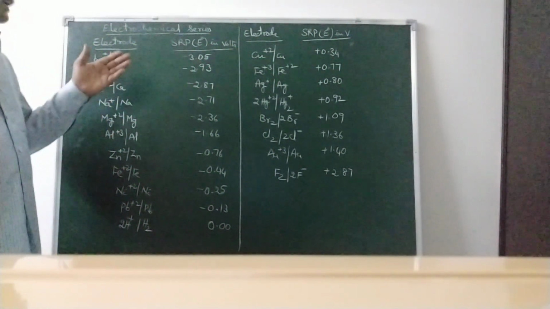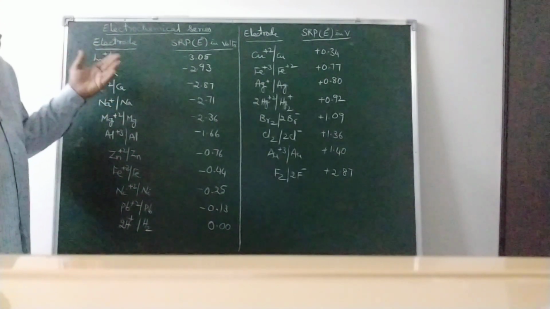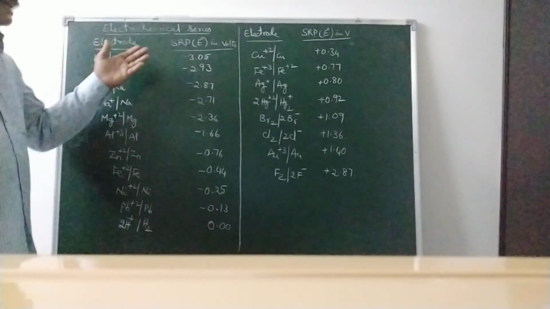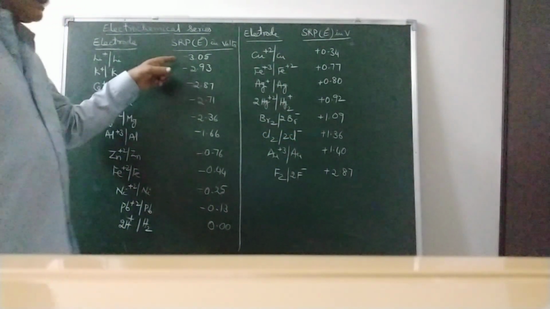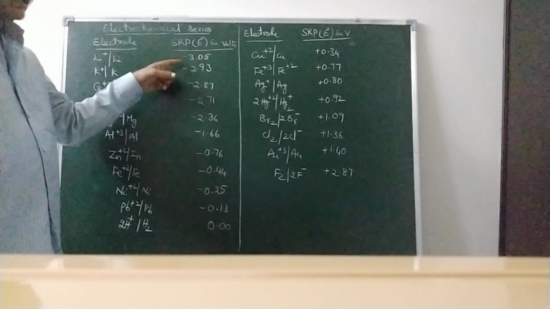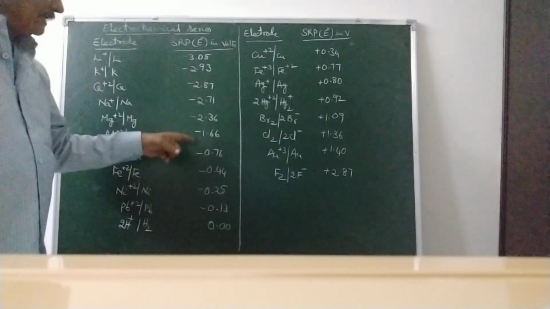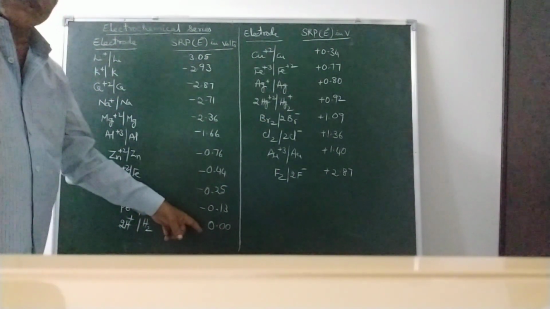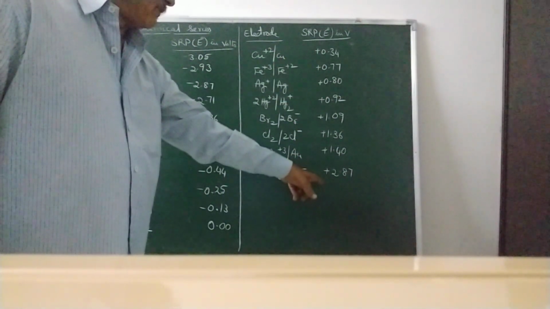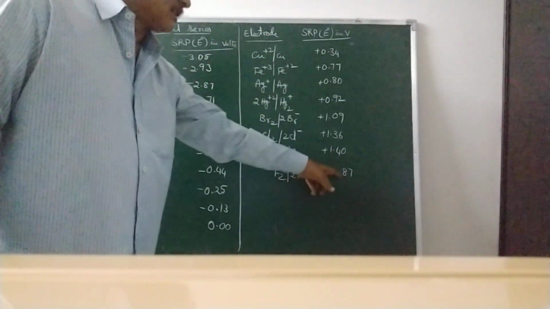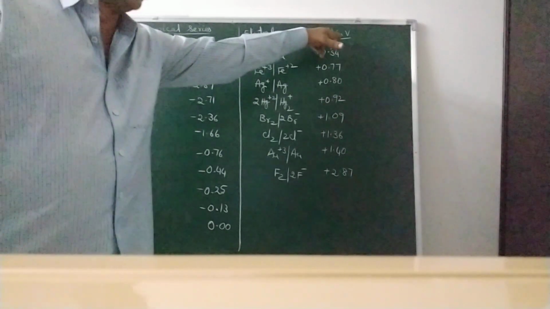Here I arranged some electrodes in the increasing order of SRP values. Here the negative SRP is more. The negative SRP value gradually decreases and becomes 0, then it gradually increases, and for the fluorine electrode it is plus 2.87 volts.